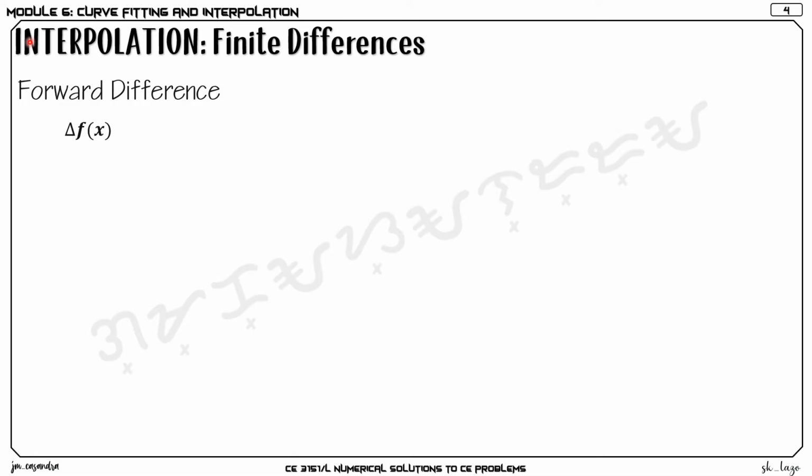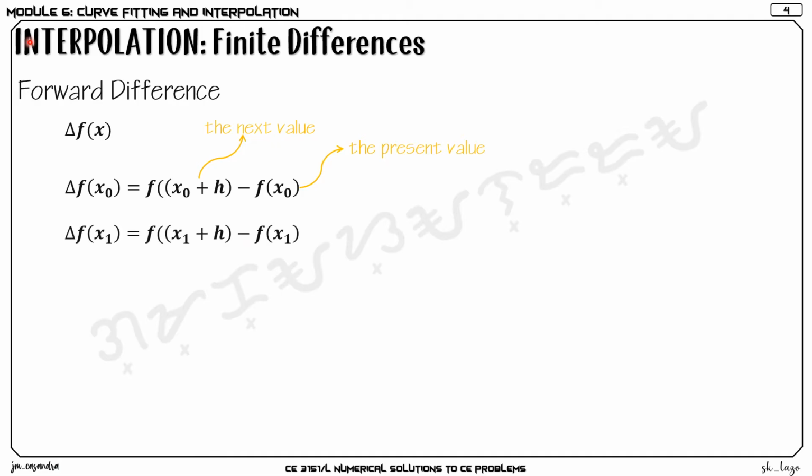So for the pattern of the forward difference, let us take delta f of x sub 0 is equal to f of x sub 0 plus h minus the f of x sub 0, wherein we could take note that the first term is the next or the preceding value, and f of x sub 0 is the present or the current value.